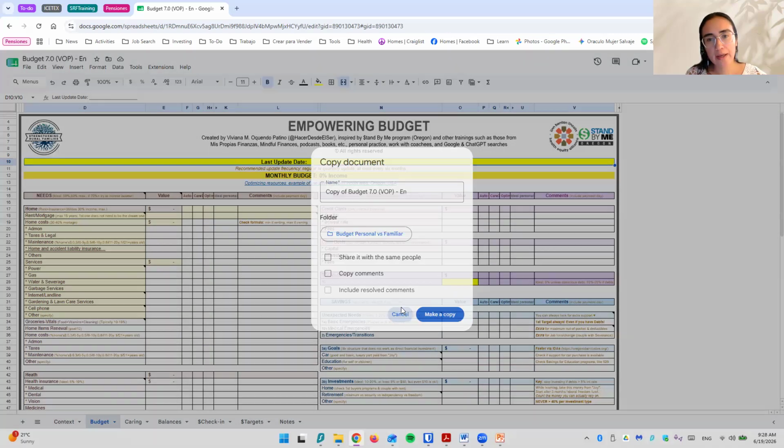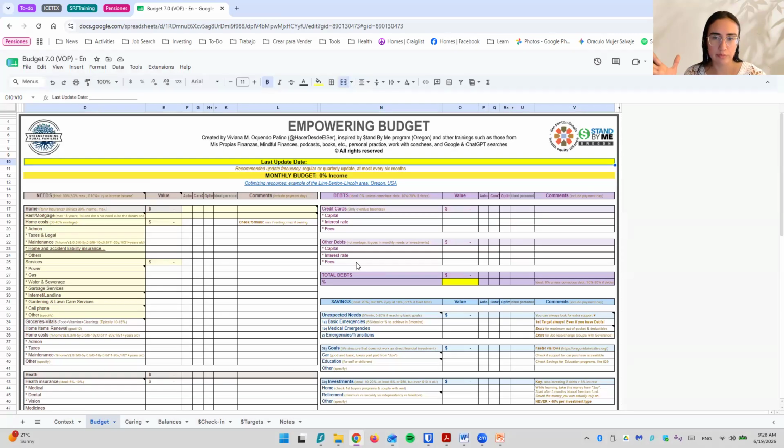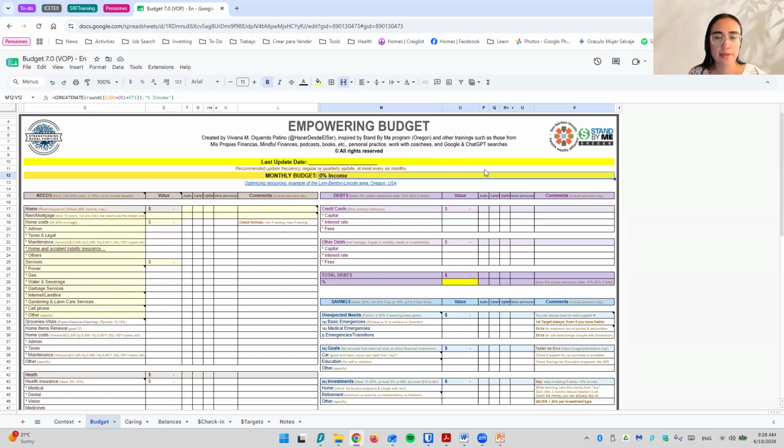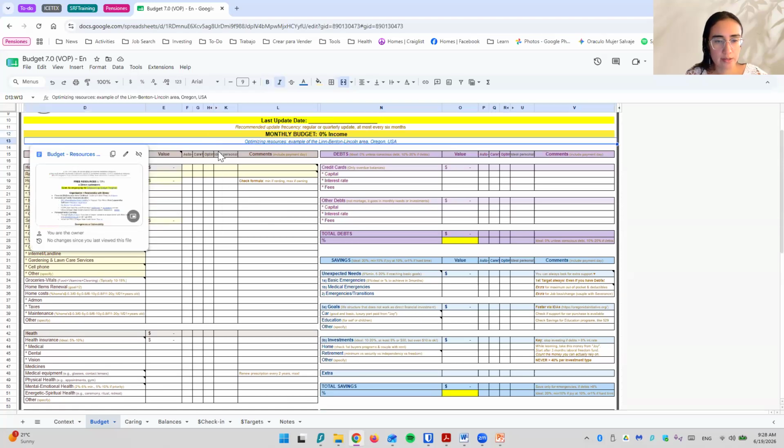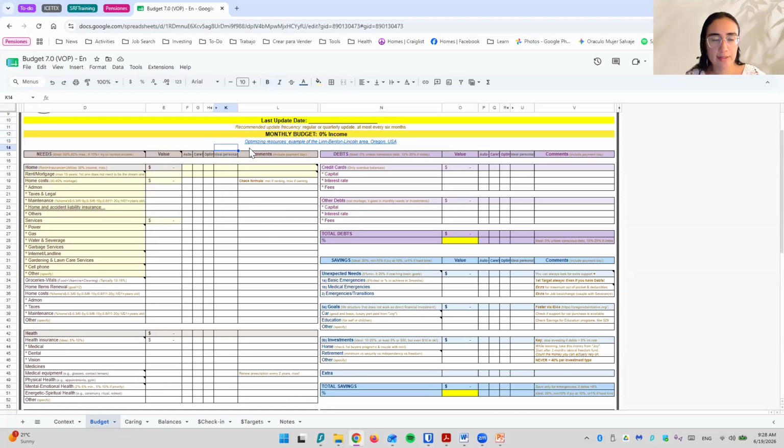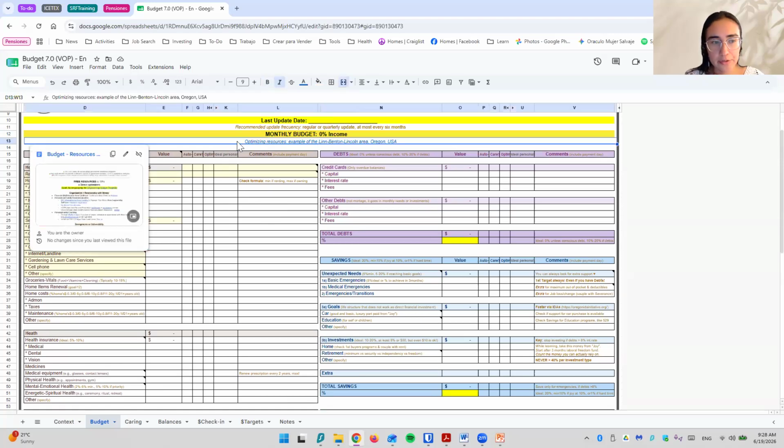Then you have your own template where you can change colors, delete what you want to delete, whatever you want to do with that, you can do it if you're working in digital. But if you're working in paper, as I said, you just need to be checking this recording, and that's it. This is the link that I was talking about, the resources.